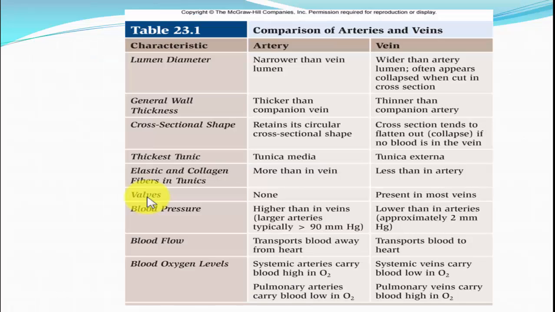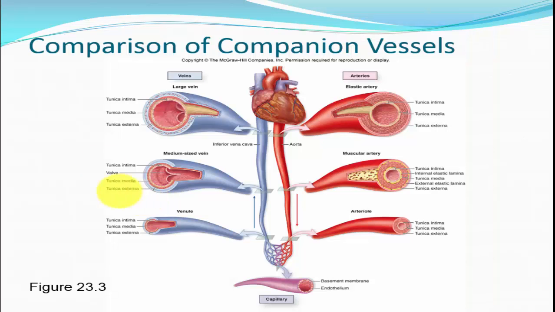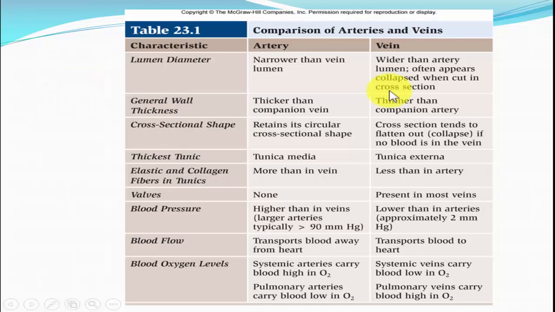So we compare our arteries and veins off this table. We see the lumen diameter, so basically the middle center part, is narrower in an artery and wider in veins. Narrow in artery, wide in veins. The thickness of the wall is thicker in arteries and thinner in veins.